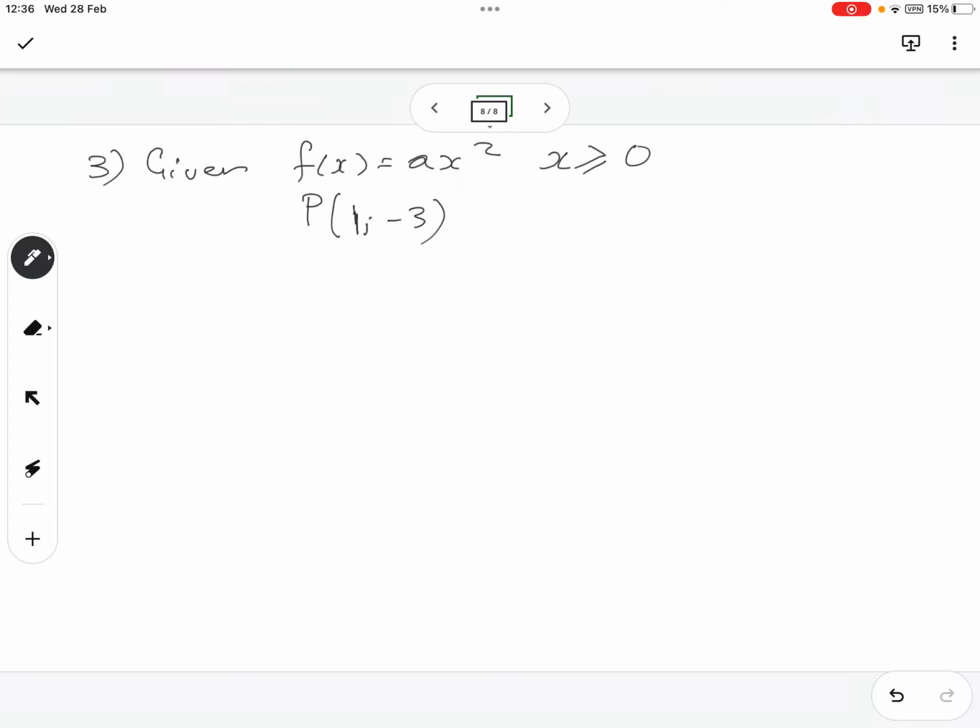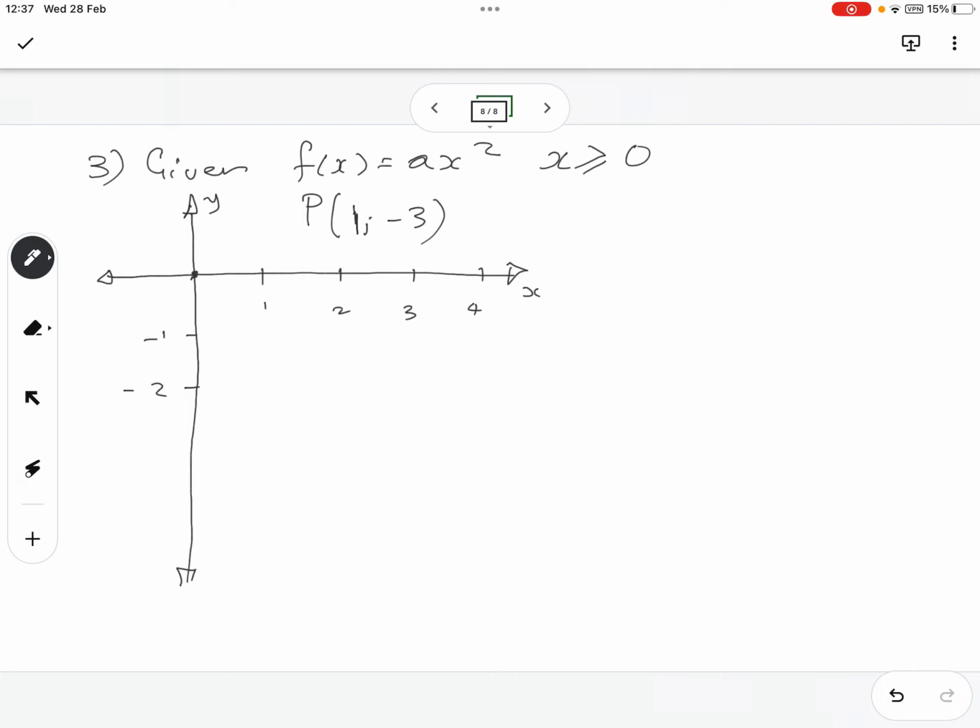How the graph looks: there's the y-axis, there's the x-axis, and at 0, 0 the curve starts.